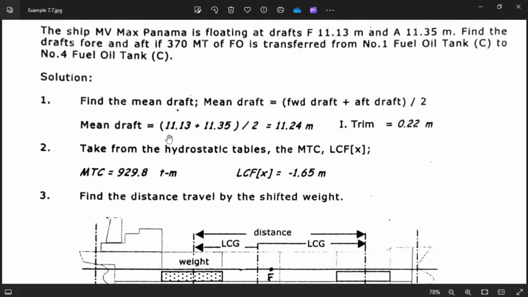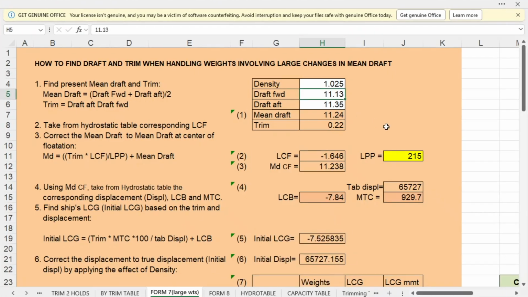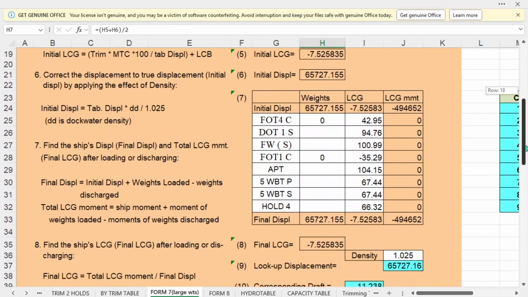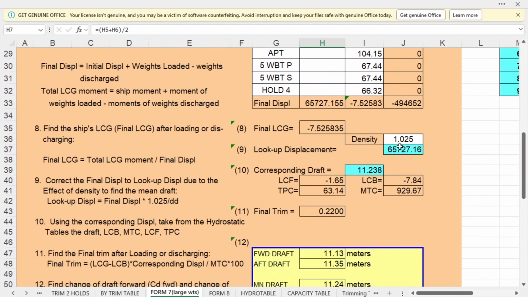We say the forward draft is 11.13 and aft draft is 11.35. So we put this in the program: 11.13 forward and aft is 11.35. Then let's assume that the vessel is floating in a density of 1.025, so we put here the water density of 1.025.